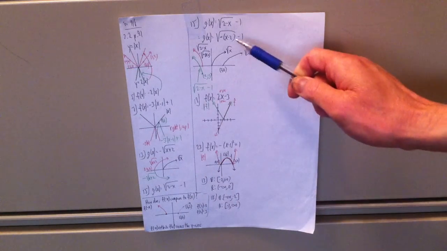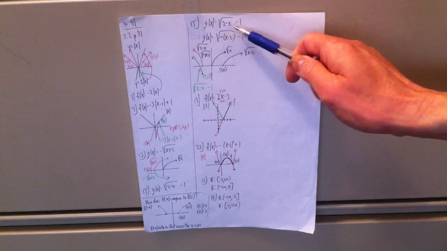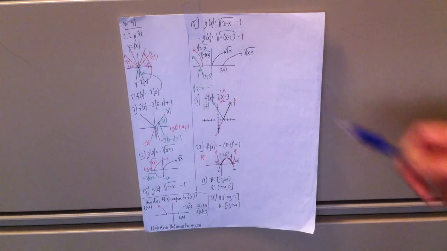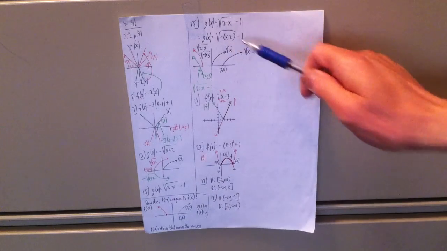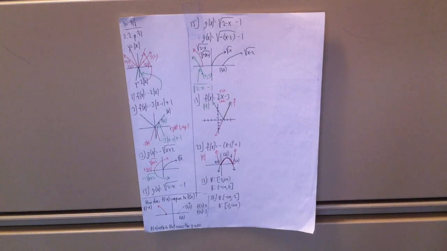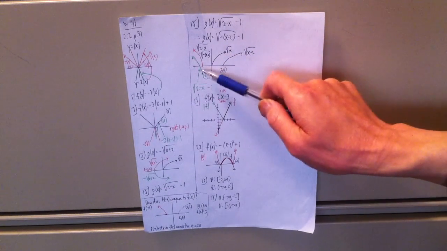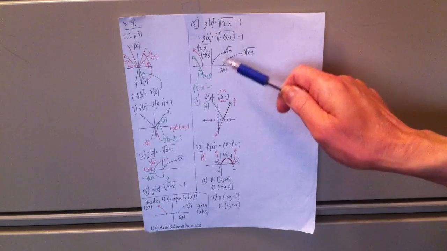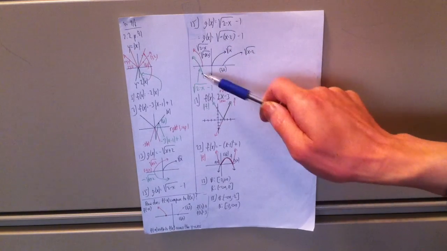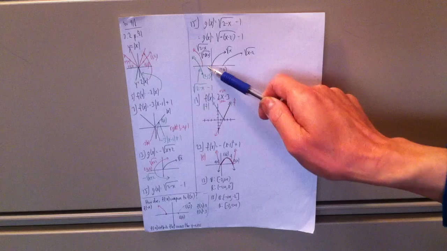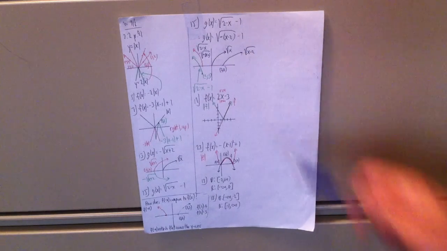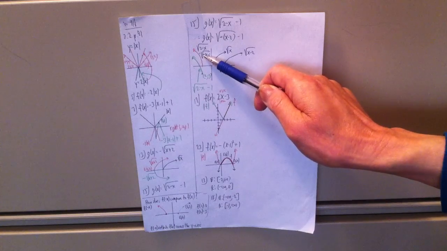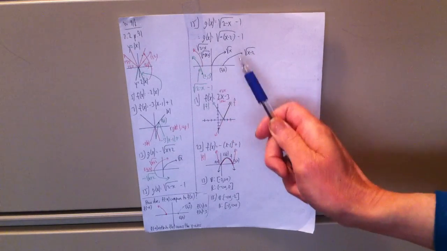Number 15, come up over here, g of x equals radical of 2 minus x, minus 1. It's better to think of this as the radical of the negative of parentheses x minus 2, minus 1. So here's the progression. Here's our standard radical x. If I replace x with x minus 2, that moves the graph 2 to the right. So 0, 0 becomes 2, 0. Notice if I plug in 2, you get 0 here. Then if I put a negative in front of the x, that reflects across the y-axis.